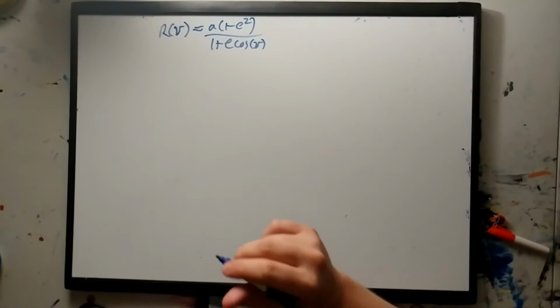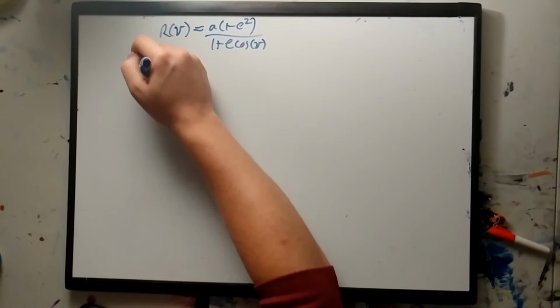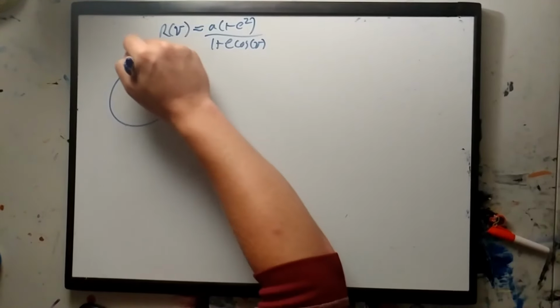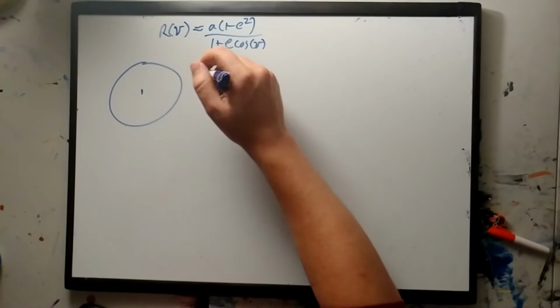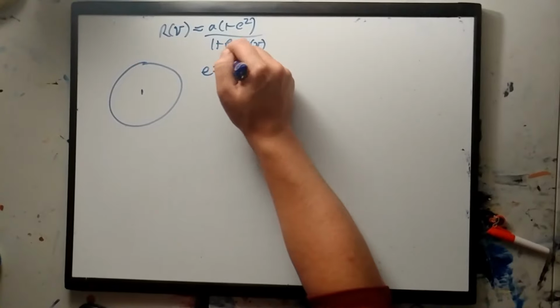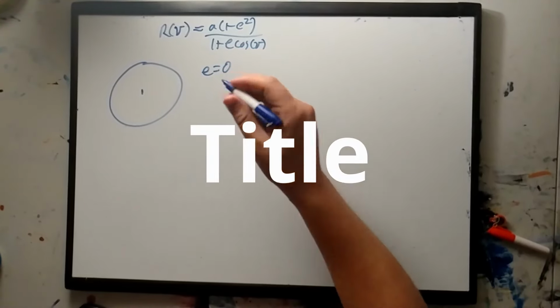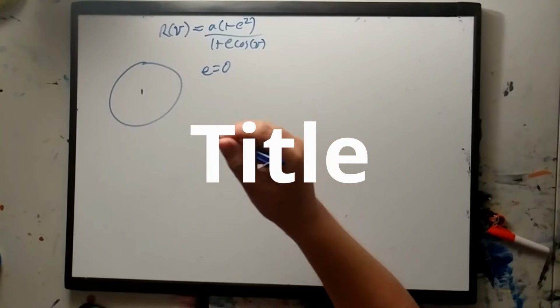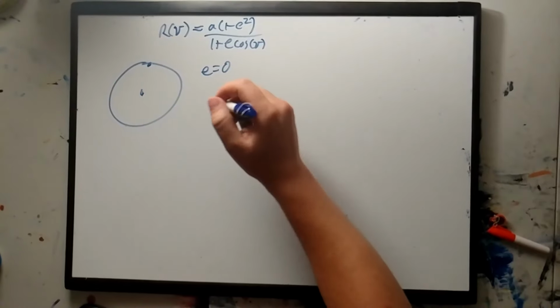So let's go ahead and start. Our first conic section, and forgive my circle drawing ability, is a circle. A circular orbit has an eccentricity of 0, and if you remember, eccentricity is how elliptical something is. So Earth here, spacecraft there.